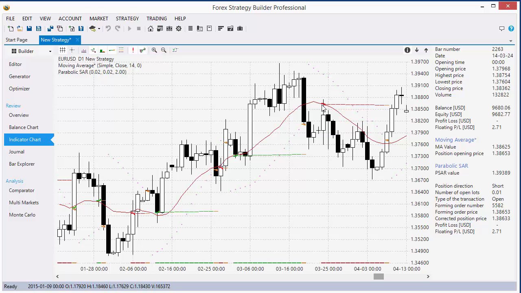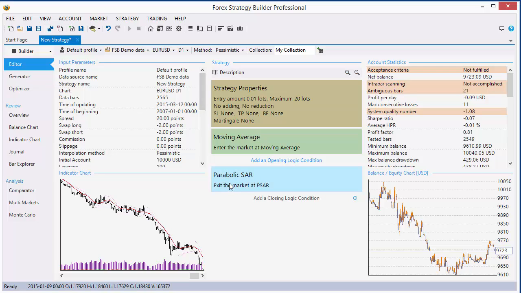So we enter short here at the moving average, and we're closing at the parabolic SAR. What is specific? The parabolic SAR determines the exit price, but it also determines the trading direction.